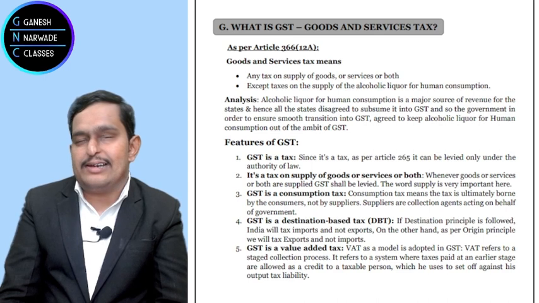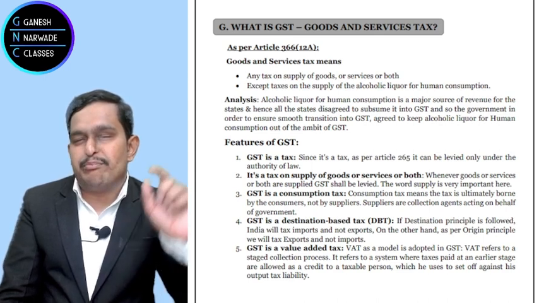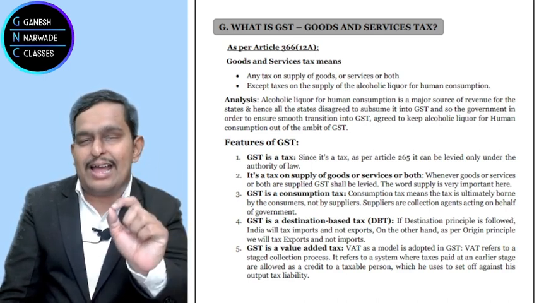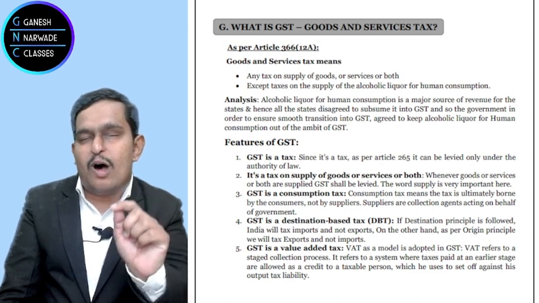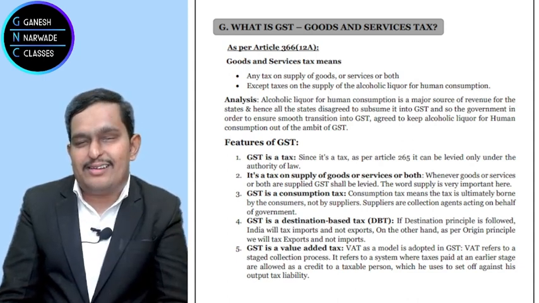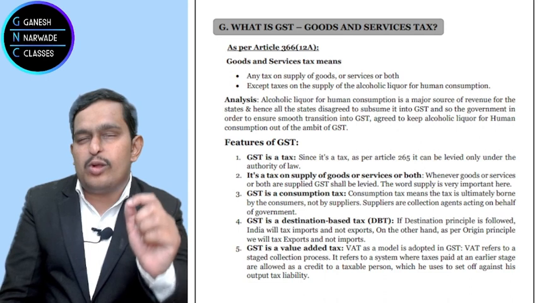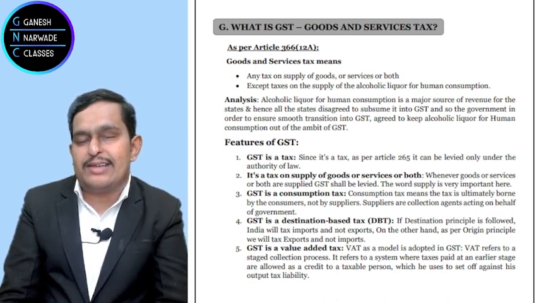What is value added tax? We discussed it is a multi-point tax system on value addition. GST in the true sense is a multi-point tax system on value addition. In true spirit, the manufacturer will pay 10 rupees tax, the wholesaler will pay 5 rupees tax, and the retailer will pay 3 rupees tax.